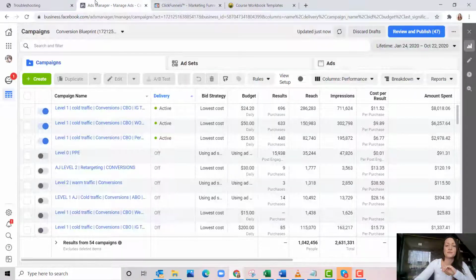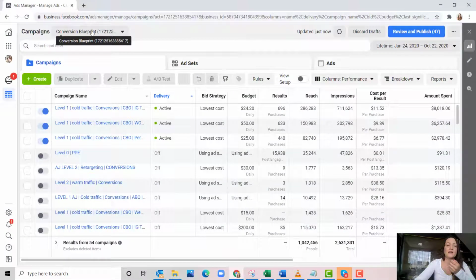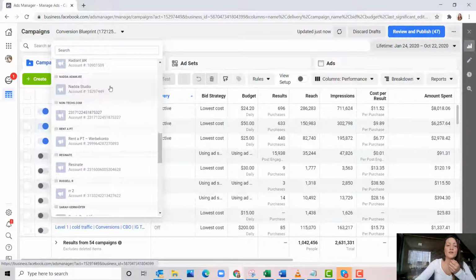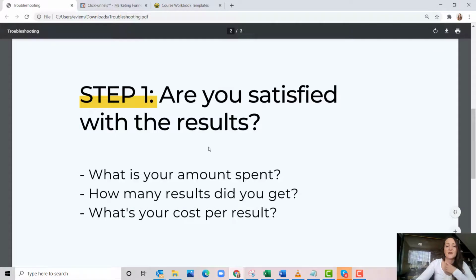So we run the account I just showed you. Here we ran a lead gen campaign on Facebook, getting tier 1 country leads for a freebie and a challenge that is in the making money online marketing niche, and we were getting leads for $1.35. So this is a great result, and we don't need to troubleshoot here. We can be very satisfied with that.